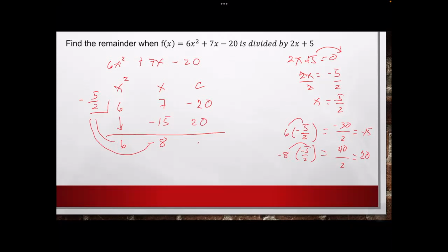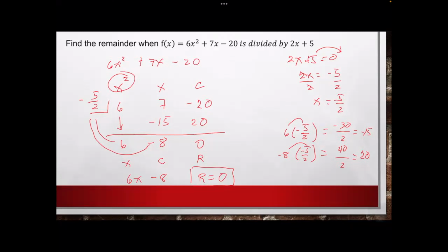Then, add, this will be 0. So, this is x squared, x, c, and your r. Magkaroon tayo ng 6x minus 8. Now, your r is equal to 0. Yung r ang kinukuha natin. It's the remainder. That is a 0.